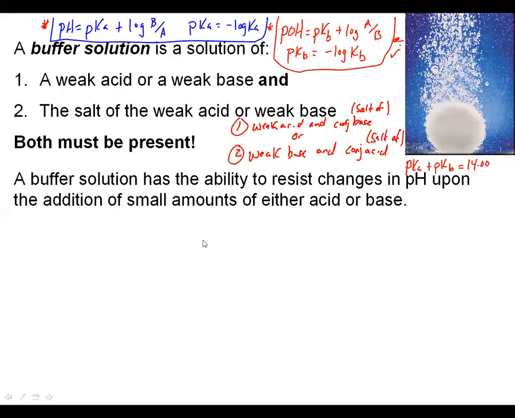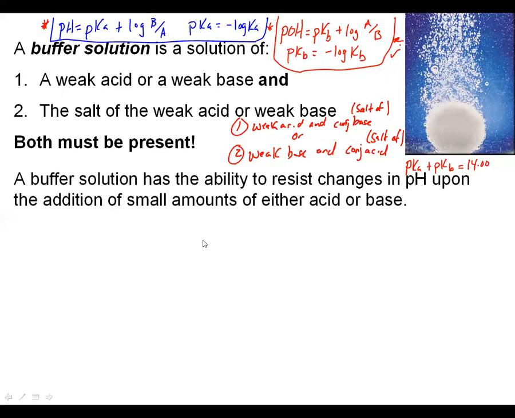So for example, if I started my buffer at a pH of 4 and I add base to it, perhaps the buffer goes from a pH of 4 to maybe 4.1, 4 point something, it stays in that 4 range. But if I add that base to something that is not a buffer, it would go perhaps from a pH of 4 to a pH of 12 or a pH of 10, a very big jump in pH.